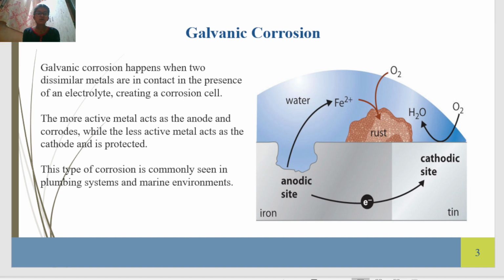And there's one more thing in galvanic corrosion: the more active metal acts as anode and corrodes, while the less active metal acts as cathode and is protected. If one gets corroded, the other gets protected. Examples include plumbing systems and marine environments.